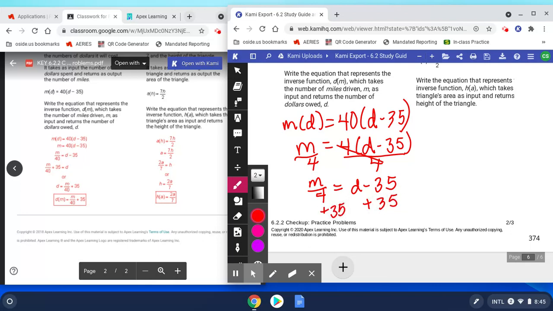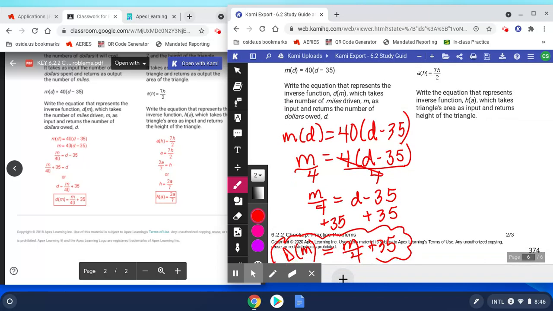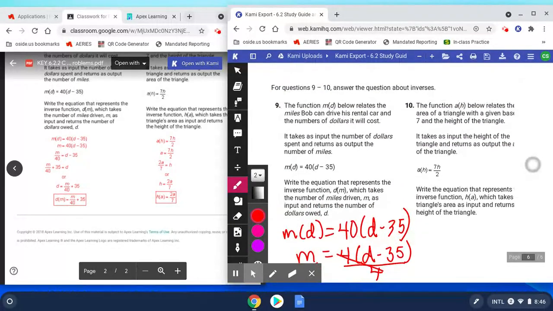So my new equation is that dollars, or d, equals 1/4 m plus 35. We can rewrite this finally as d of m equals m over 4 plus 35. There's my inverse function.